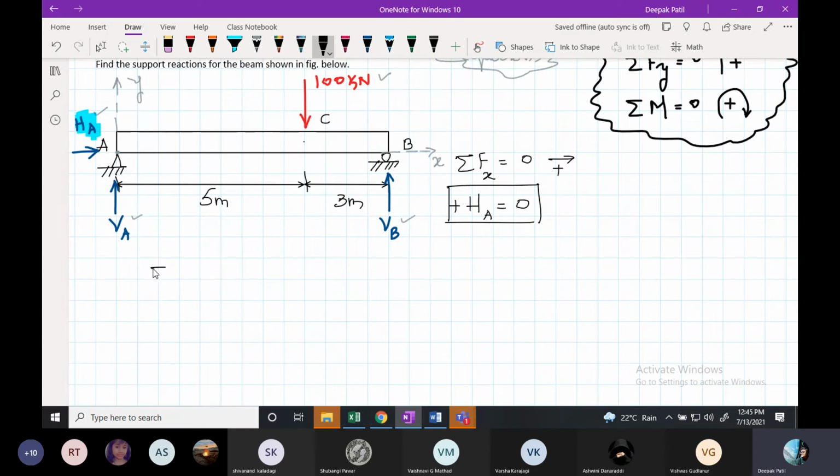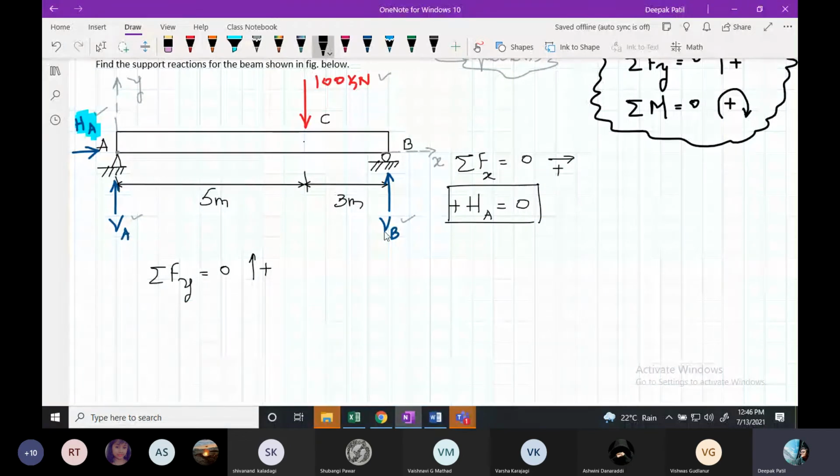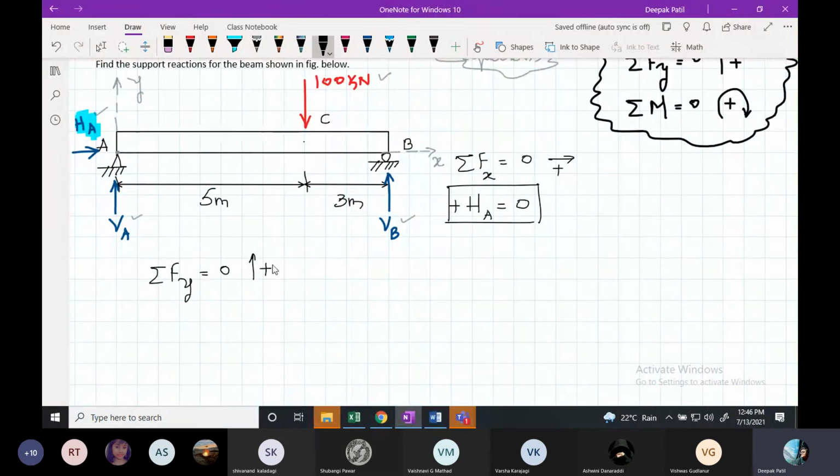Next let me apply the next equilibrium equation, summation of Fy equal to 0, with sign convention all upward forces as positive. Let us check how many there are. There are three forces, VA, VB and 100. VA and VB are both in the upward direction, that is the positive Y, so I write plus VA plus VB.